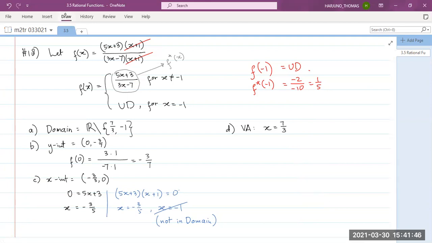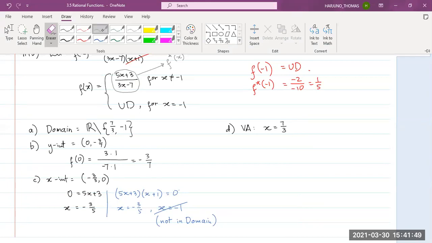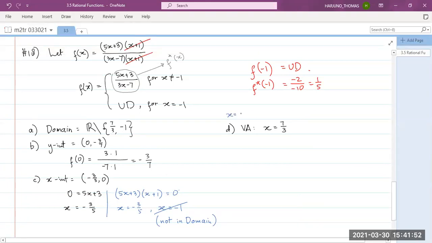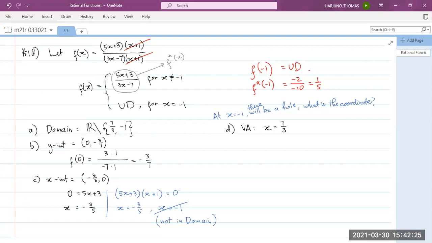Now one of the big questions later on, of course, is: at x equals -1 there will be a hole, and what is the coordinate of that hole? We do it later on. But for now, let's focus on the main story first. The vertical asymptote is x equals 7/3.